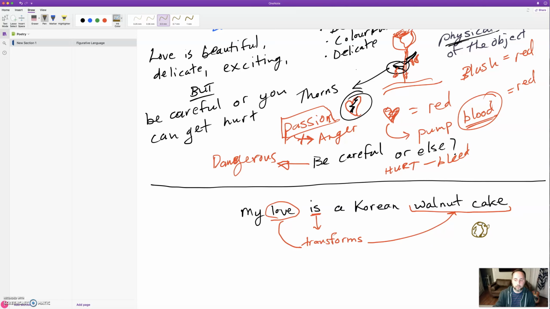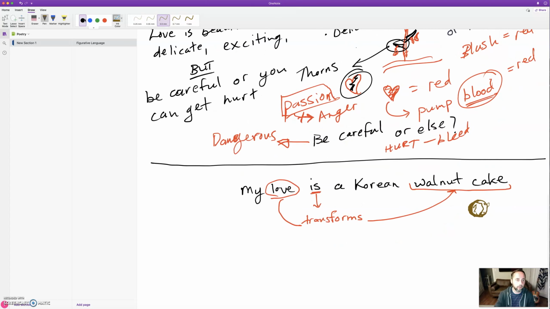All right. So we would want to then think about, okay, Korean walnut cakes, what are they like? And as we mentioned before, what we want to think about is the concrete details. What I mean by concrete details is like the physical, actual details about Korean walnut cake-ness, right?